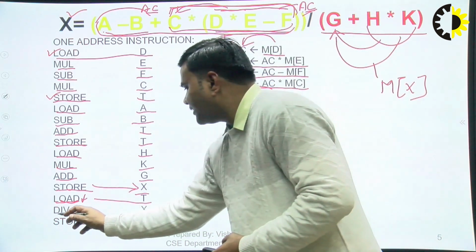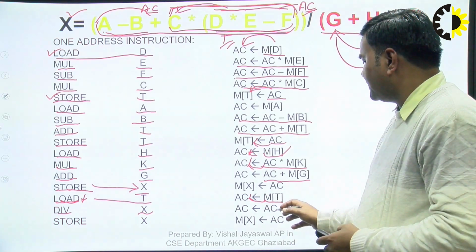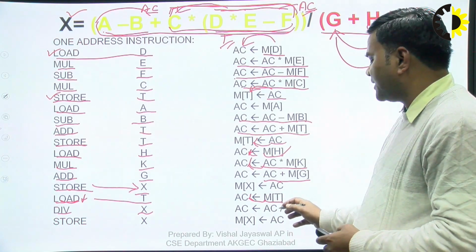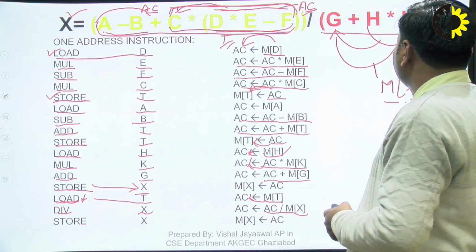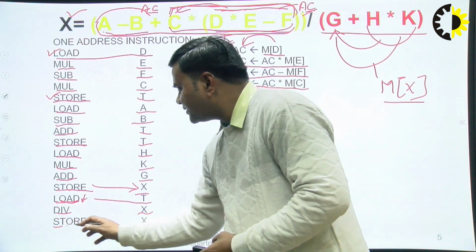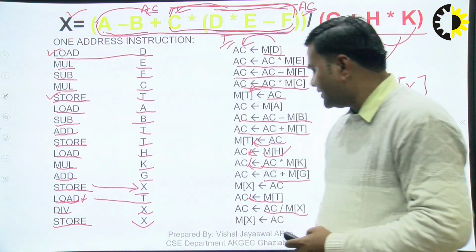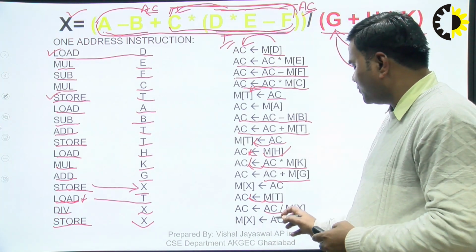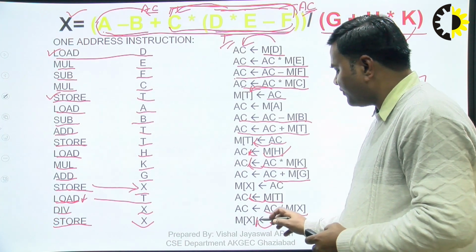After that div X. Div X means the content of AC, which has the numerator part, is divided by M of X, which contains the denominator part. And finally we store the result in X. For this we use the store instruction, that is store X, and it means the whole result in AC is transferred to M of X.